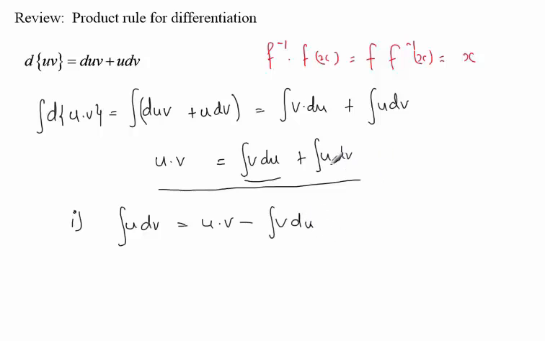I could have decided to subtract the other one on both sides. I could get something else, which is the integral of v du is equal to u times v minus the integral of u dv. These two are saying exactly the same thing.